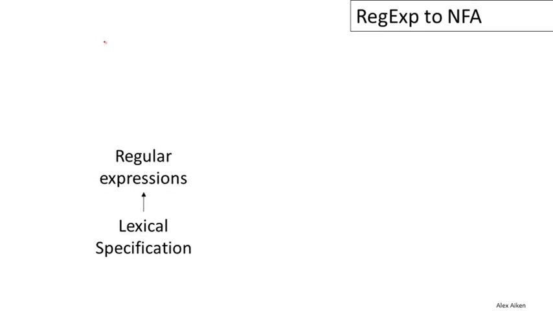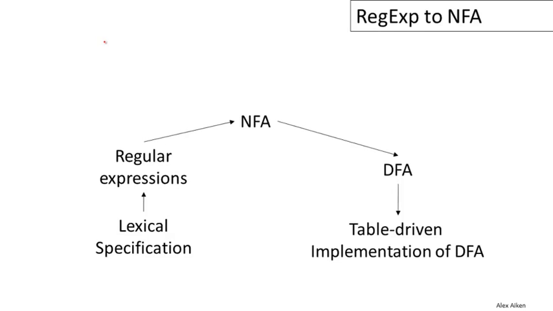And this actually happens in several steps. The first part is to translate those regular expressions into non-deterministic finite automata that recognize exactly the same thing. And then those non-deterministic automata are translated into deterministic automata. And finally, those deterministic automata are implemented as a set of lookup tables and a little bit of code for traversing those tables.